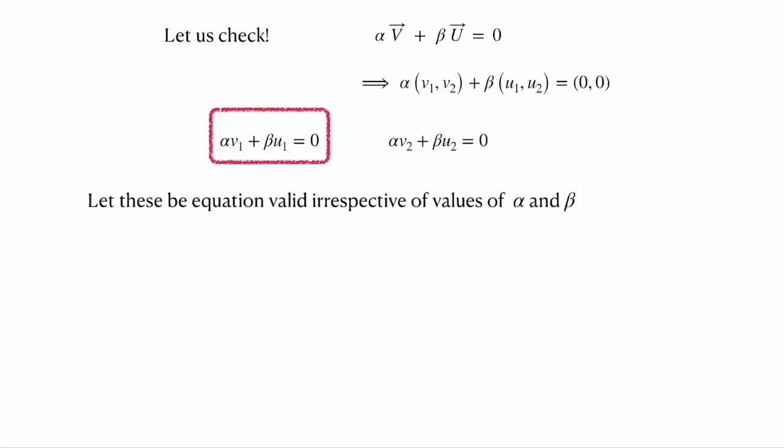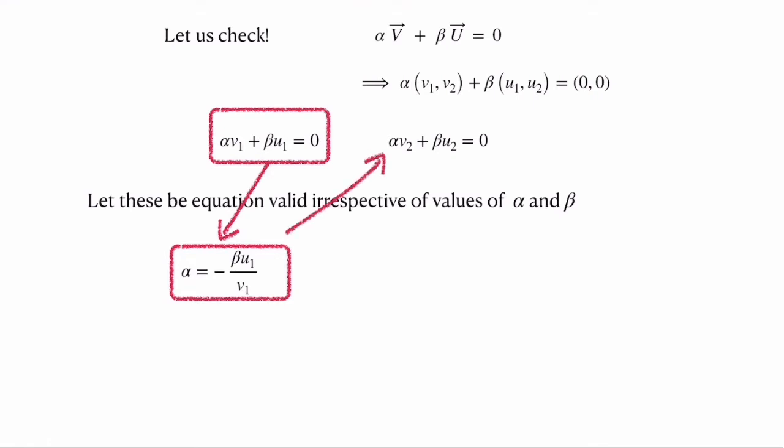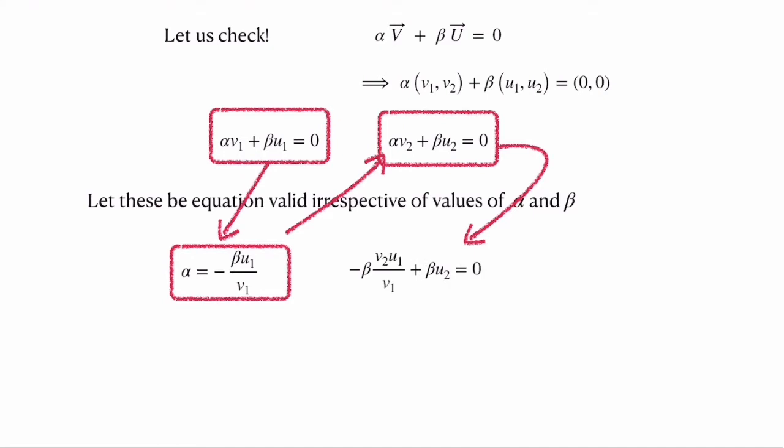Let's use the first equation and establish a relation between alpha and beta with the components u1 and v1, and substitute that in the constraint coming from the second component. We can simplify this expression to get minus beta v2 u1 divided by v1 plus beta u2 equal to 0.